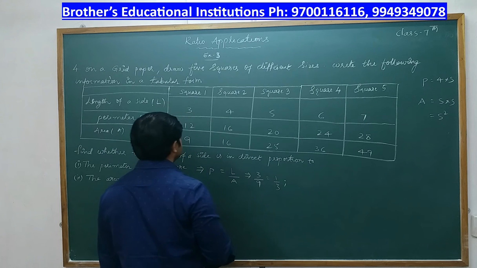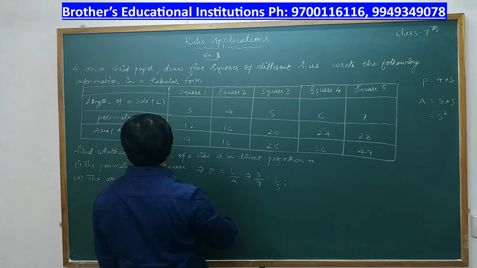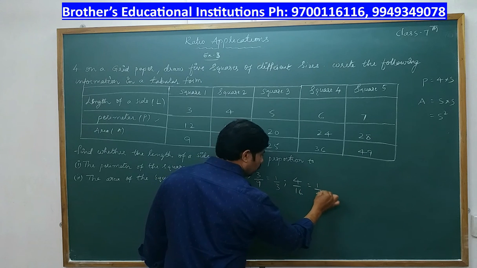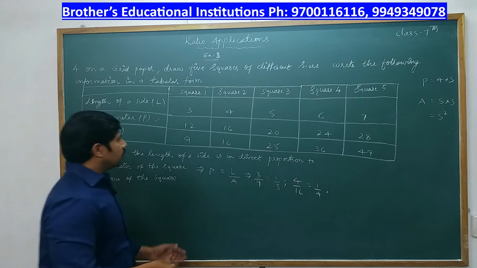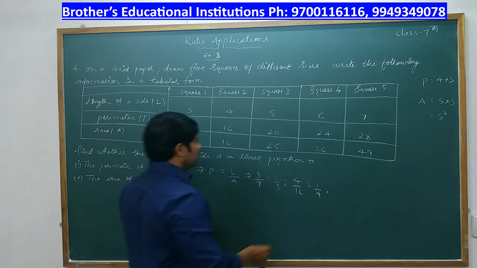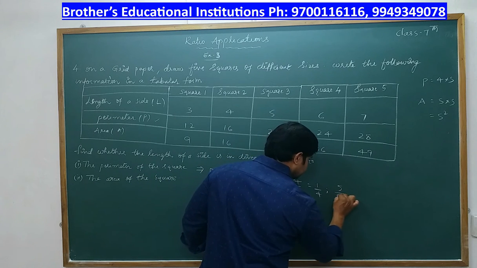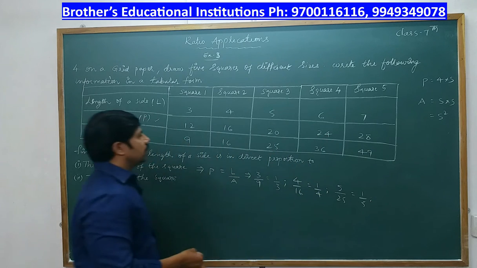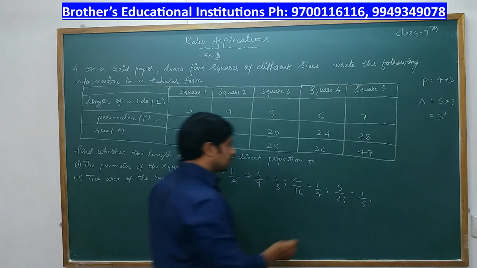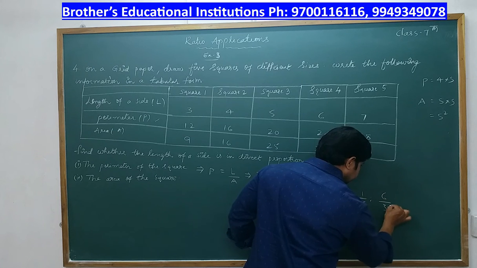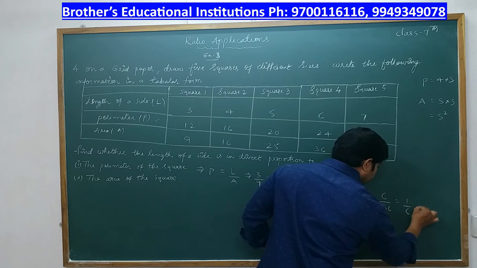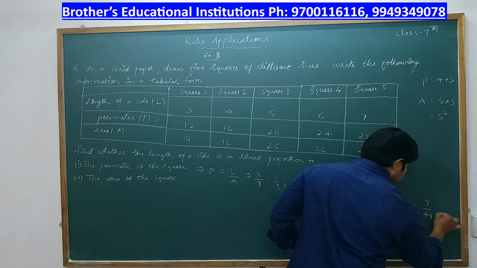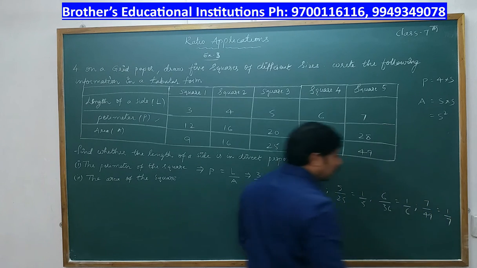Okay, the next case, it is 4 by 16, which is 1 by 4. Then 5 by 25, it is 1 by 5. Then 6 by 36, it is 1 by 6. Then 7 by 49, it is 1 by 7.